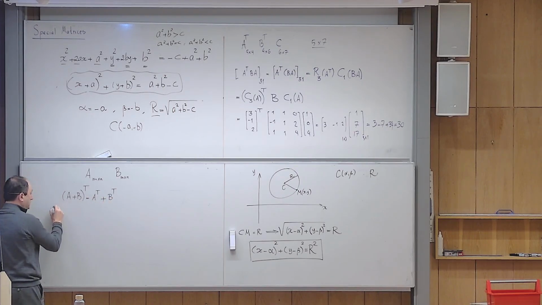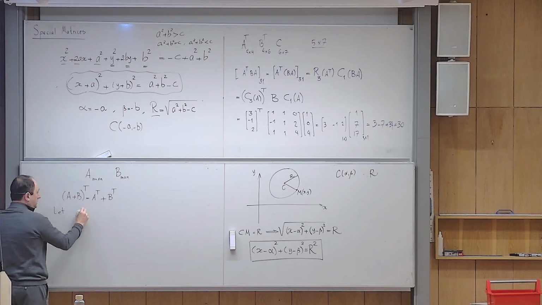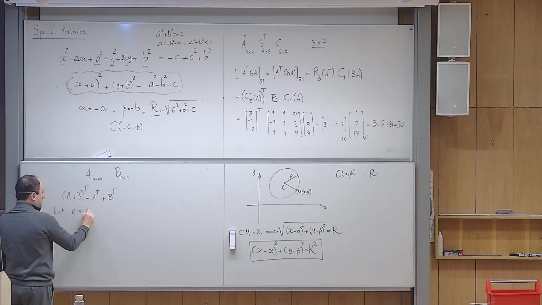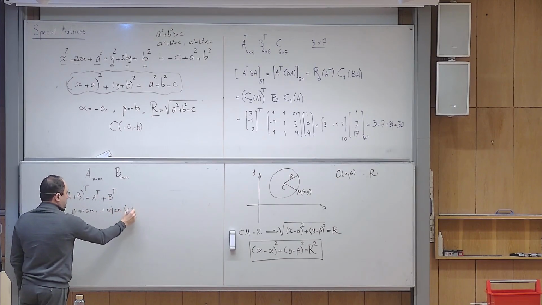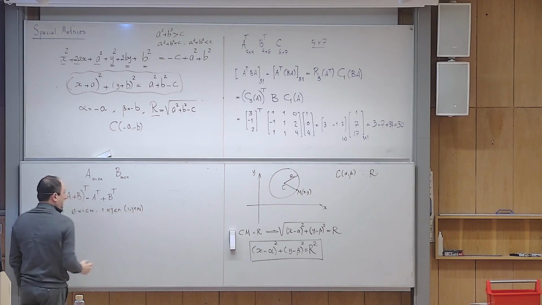So I would say let i be a number between 1 and m, and j be a number between 1 and n.